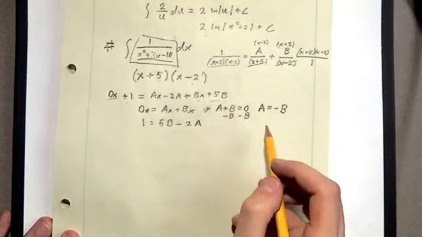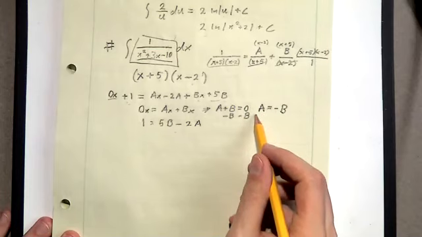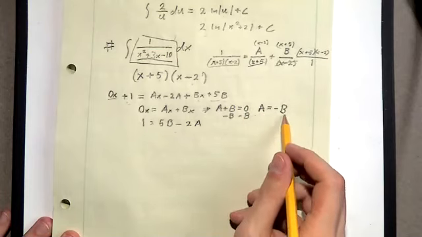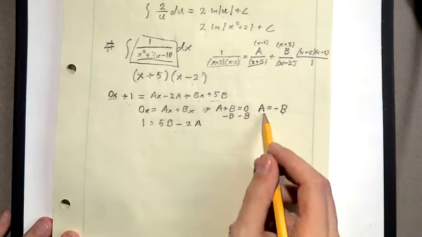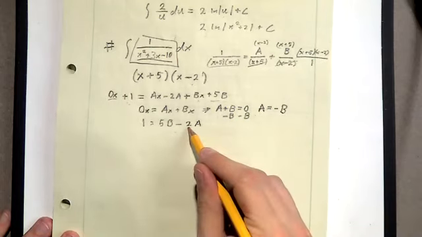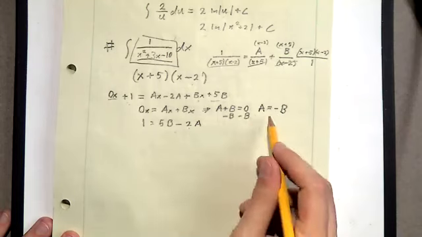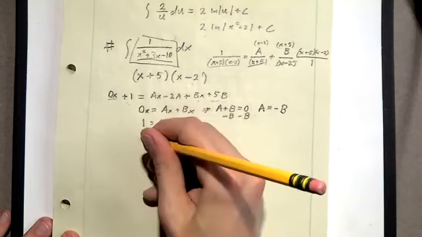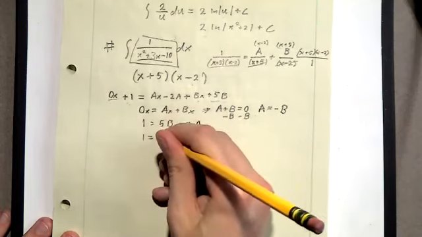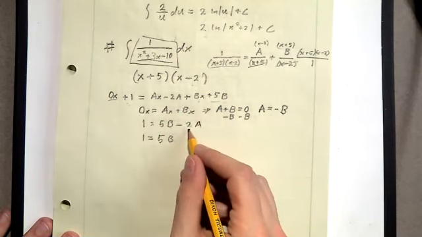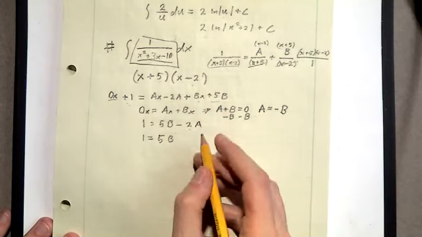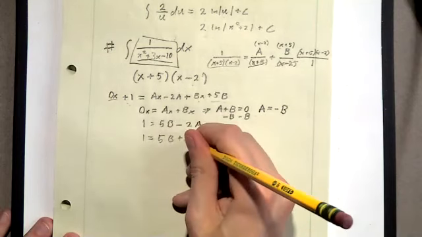So then, we were on to substituting a to negative b by solving this real quick. So since we know a is equal to negative b, we can change the a in here to negative b, and we get 1 is equal to 5b. Then since it's going to be minus 2 times negative b, we'll get plus 2b.